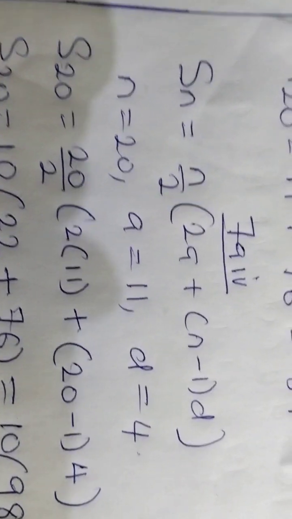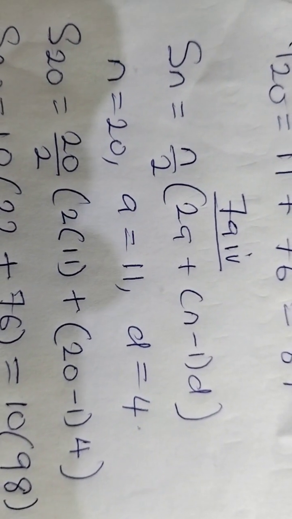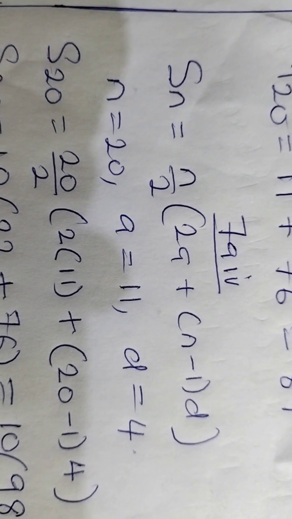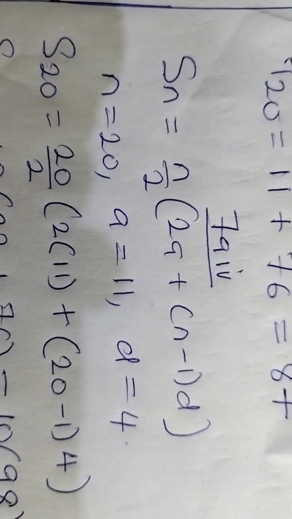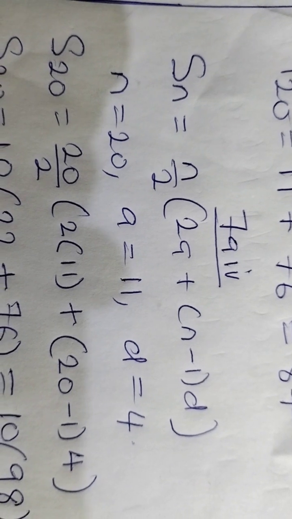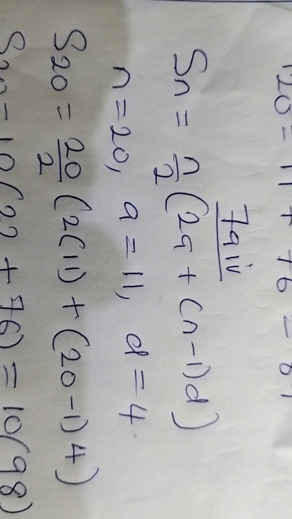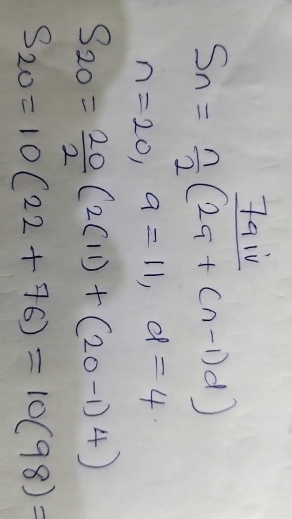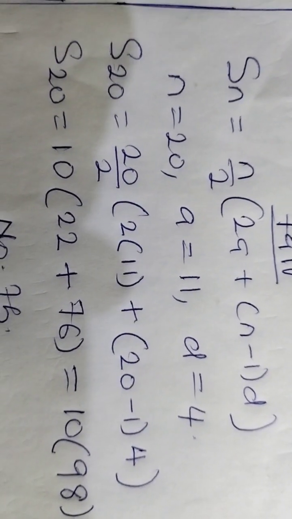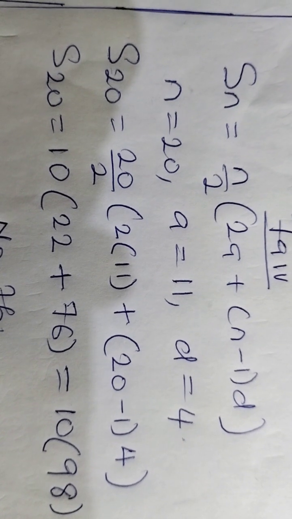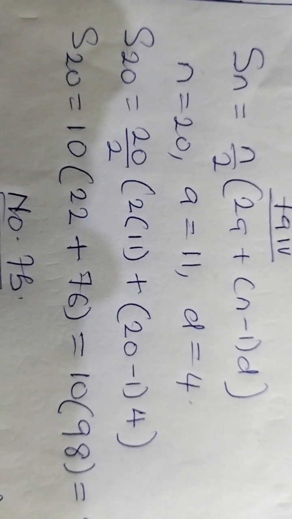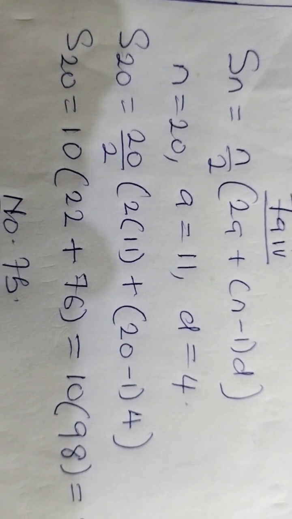Going to 7(iv), we are asked to find the sum of the first 20 terms. Use the equation for the sum of an AP, which is given as Sn equal to n over 2, bracket opens 2A plus bracket opens again n minus 1 bracket closes D, then bracket closes finally. And n is 20, A is 11, common difference D is 4, already obtained from the former solutions.